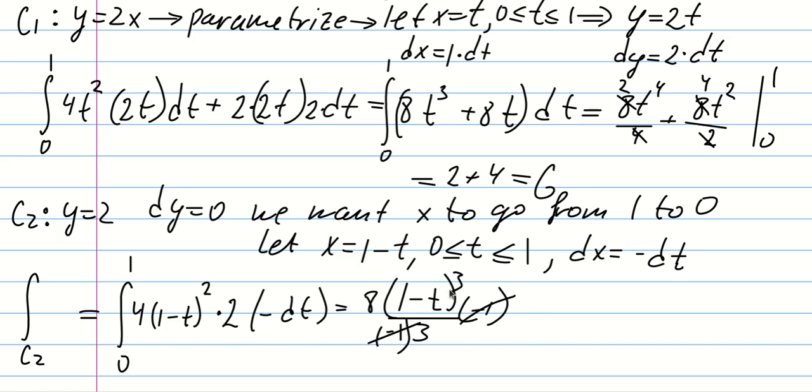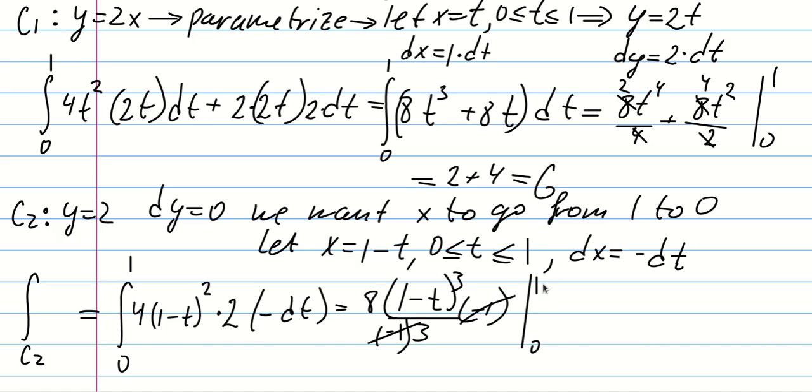Again, why do we need this minus? Because of the chain rule. If we differentiate this function, we would need to multiply by the derivative of 1 minus t, which will be negative 1, and so everything will zero out. Again, if you're not sure, then you do the u substitution, where u is 1 minus t. And we want to evaluate it from 0 to 1.